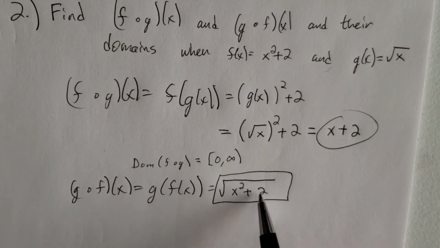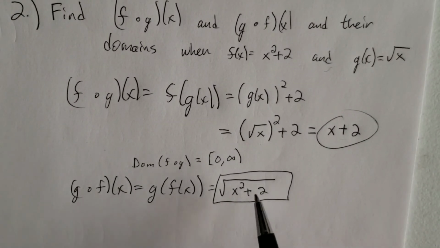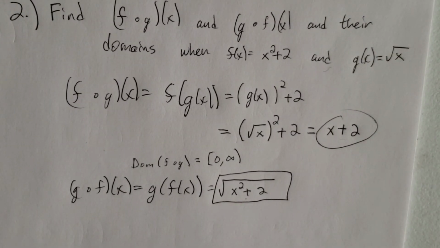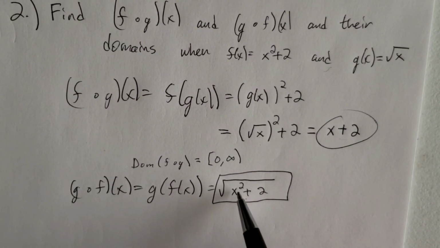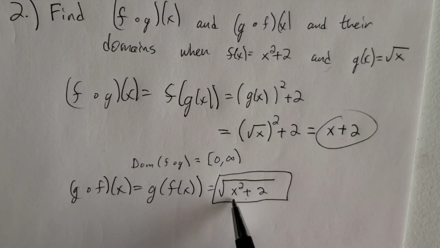And now what's allowed in here? Well, for f of x, we're allowed to plug in anything we want. And then, no matter what we plug in for x here, it's certainly going to be a positive value, right? We plug in 0, we get 2. We plug in a negative, we're going to get a positive, plus 2. Plug in a positive, we get a positive plus 2. So if we plug in 0, we get 2.